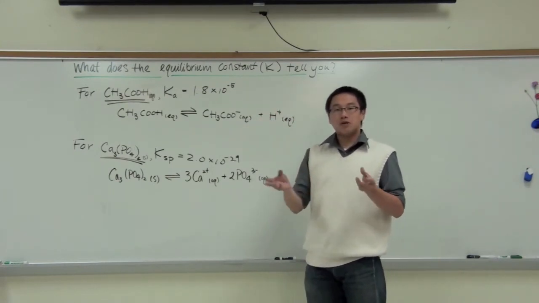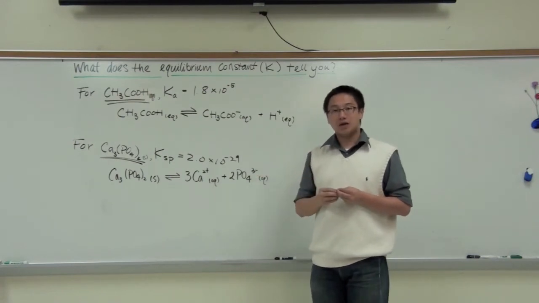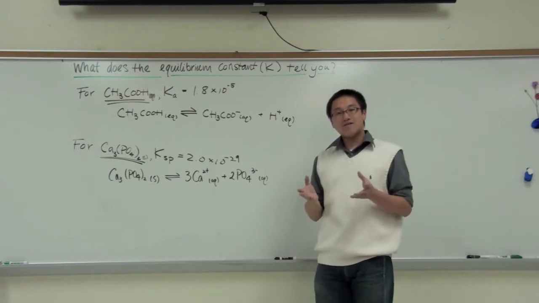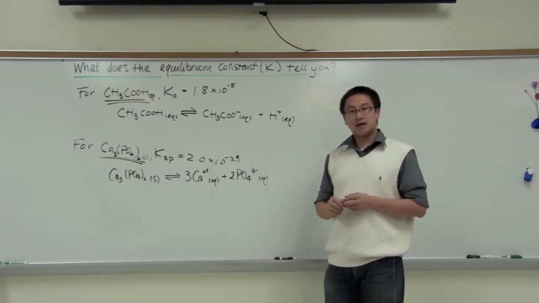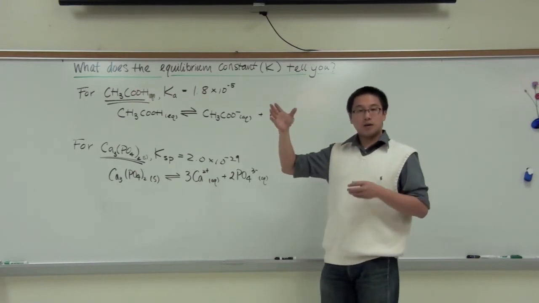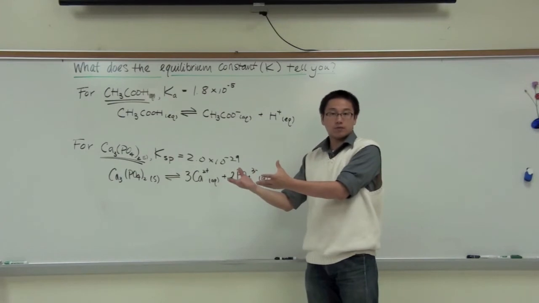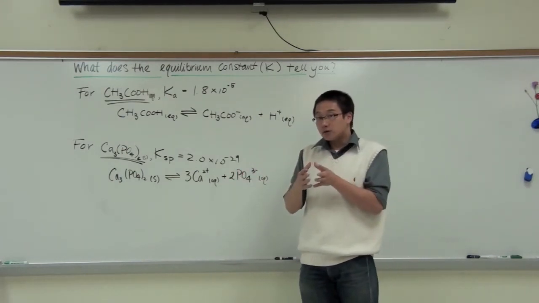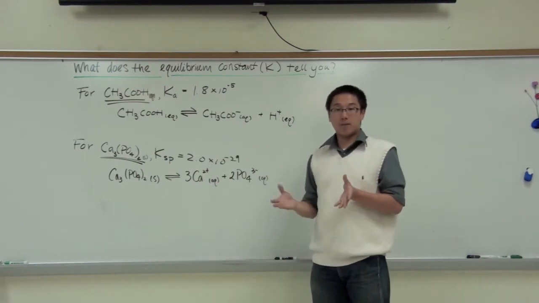Well, if you remember what we said in the previous tutorial, the K value is going to be product over reactant. For the K value to be big, we have two possibilities. One is that the product is very big, which will make K a big value. The other is that the reactant, which is in the denominator, is very small, which also makes the K value very big.